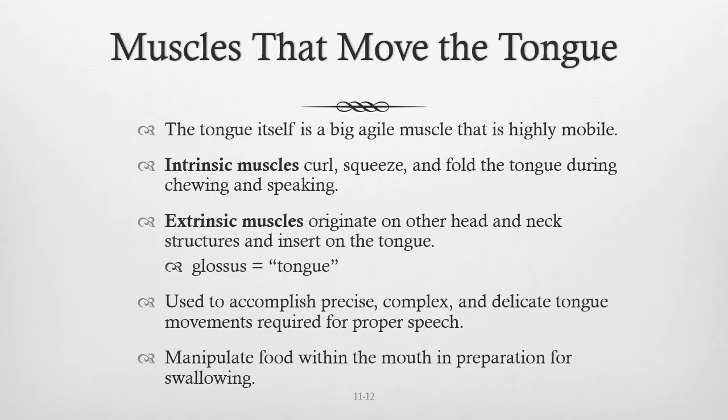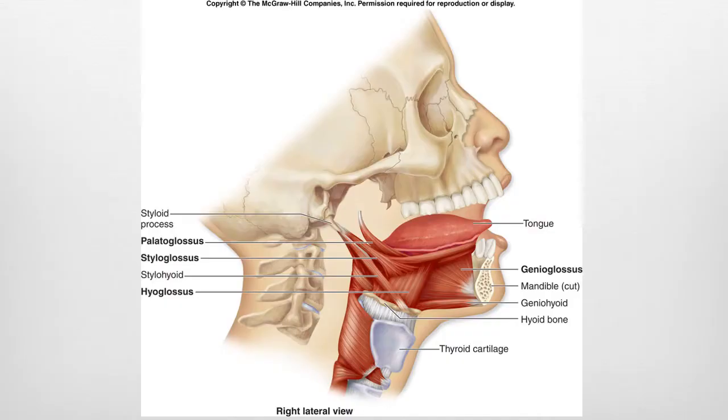The extrinsic muscles are essentially below the tongue, and these muscles are going to be utilized to push the tongue out, force the tongue forward, push the tongue backwards within the oral cavity itself. So here we can see those extrinsic muscles, and then our intrinsic muscles within.